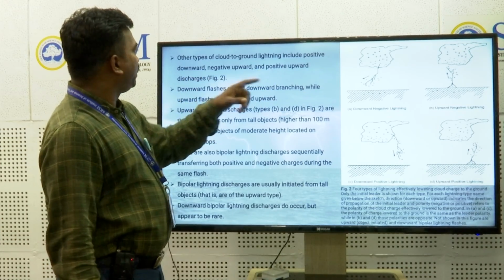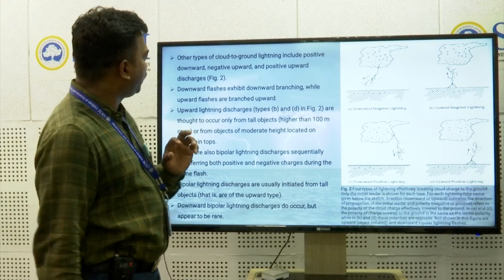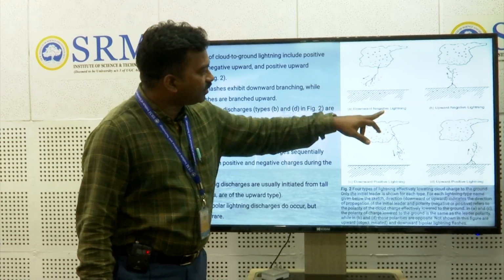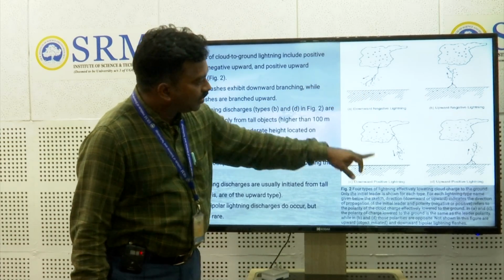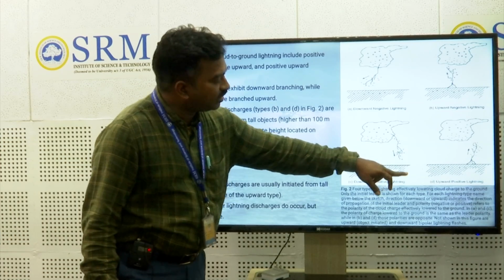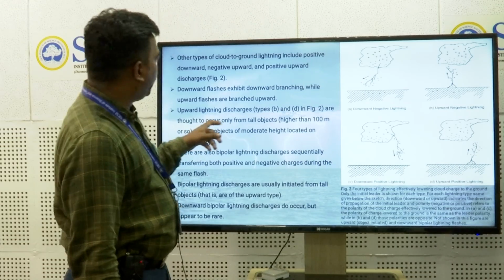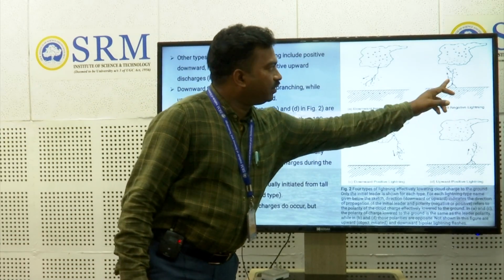Downward flashes exhibit downward branching, while upward lightning discharges exhibit upward branching.